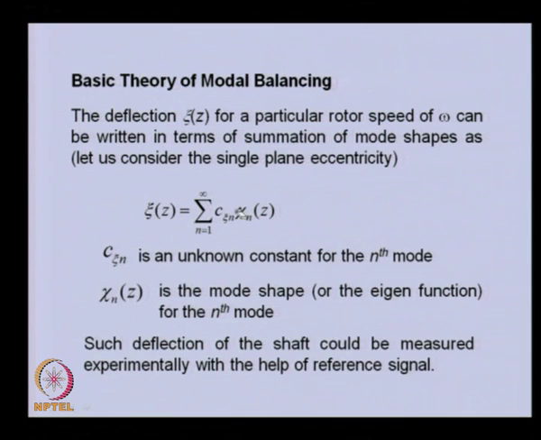Basically any response we can write in the form of a summation series in terms of the eigenfunction multiplied by some constant. This unknown constant is again attached with the particular mode.